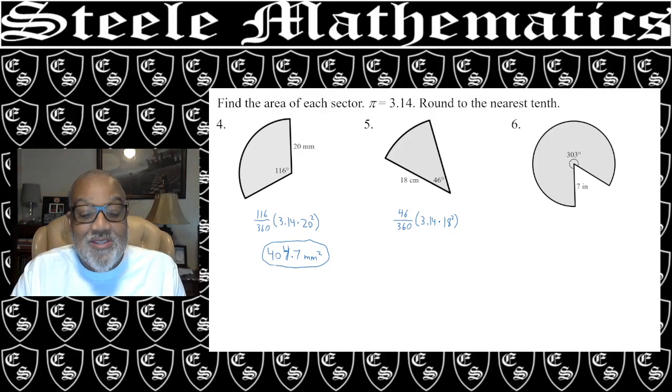So we do 46 divided by 360 times 3.14 times 18 squared. And you get 130.0 square centimeters.